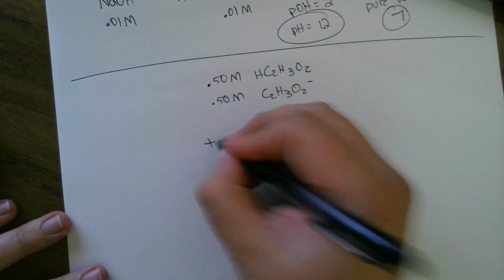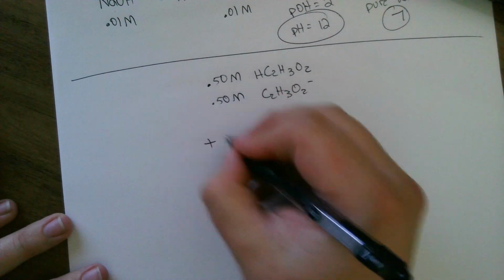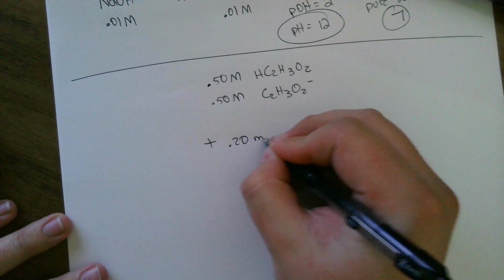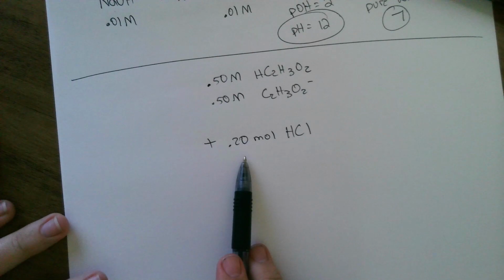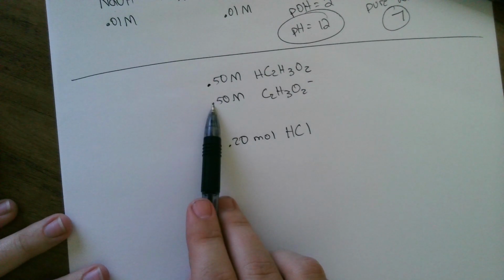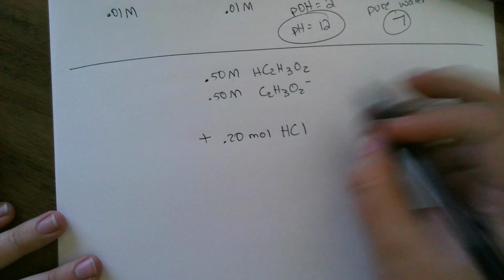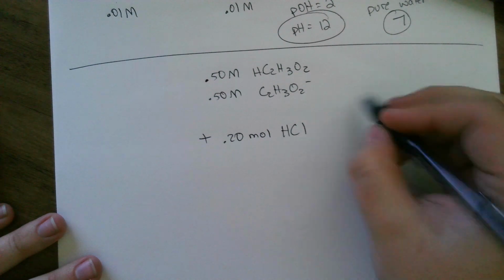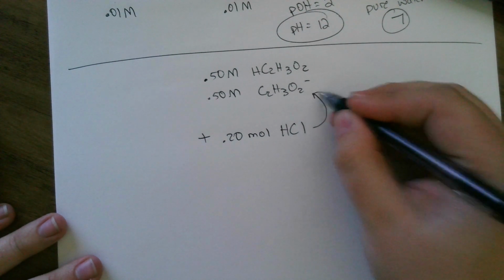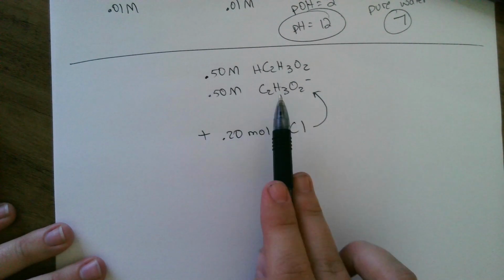And I'm going to add, what did it say? 0.2 mole of a strong acid HCl. This one, I'm going to see what it reacts with. Hydrochloric acid is an acid, so this time it's not going to react with this other acid. That doesn't make sense. It's going to react with its conjugate base. The HCl is going to react with the acetate.